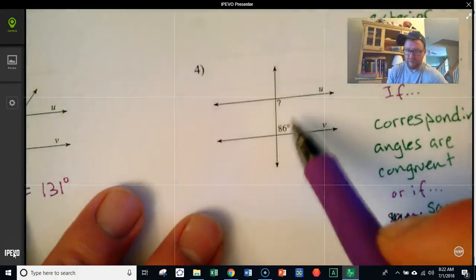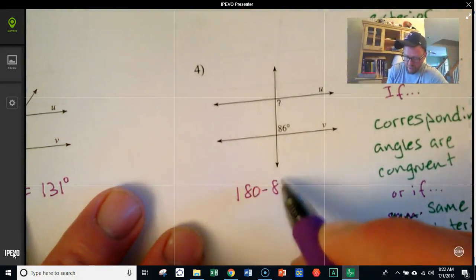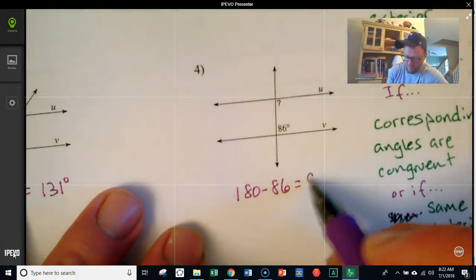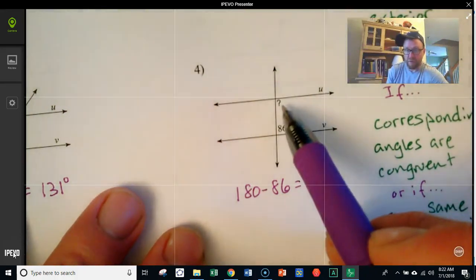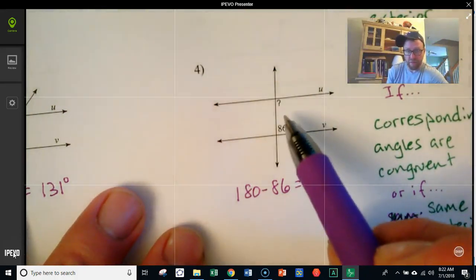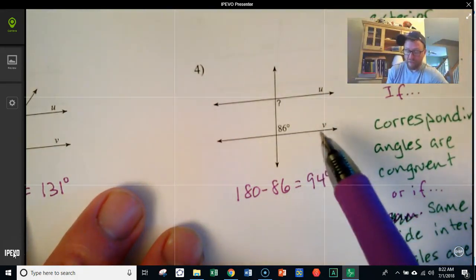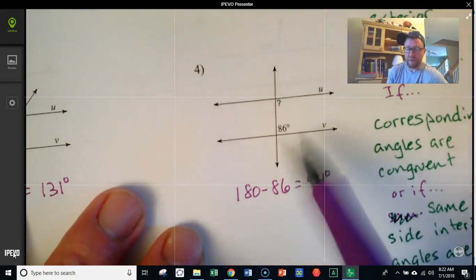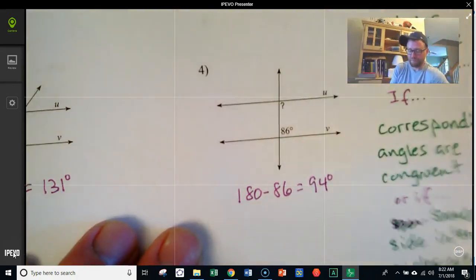Here, again, we have same side interior angles, so 180 take away 86 equals 94 degrees. So if this angle is 94 degrees, then the same side interior angles will be supplementary. Then the lines will be parallel.